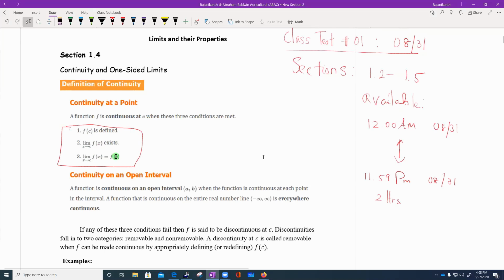Remember, last time I explained that the function value and the limit value are two different things, right? But if the function is continuous, those two values are supposed to be equal, right? So if you are asked to show that the function is continuous at a particular point, you need to show these three things.